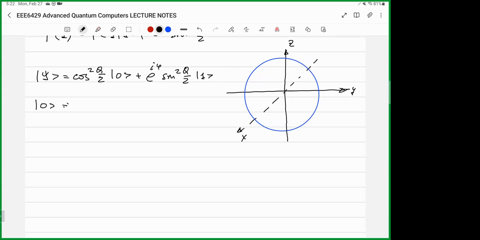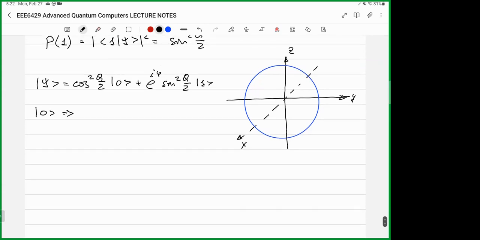The 0 state corresponds to what? We need to get this factor to be 1, and this one to be 0. So we conclude that theta in this case must be equal to what? To be 0, because cosine of 0 is 1, sine of 0 is 0, and phi is basically any number.